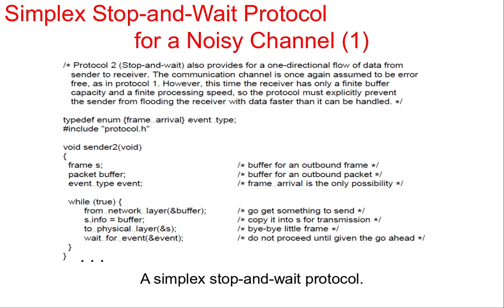So that's why the corresponding data structure here is, as we have seen previously, event type, that is the only possibility is the frame arrival. Next when frame is defined with S, packet is defined with buffer, and event is the event type.